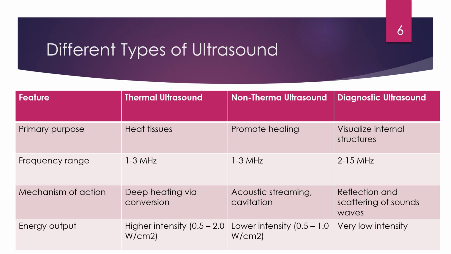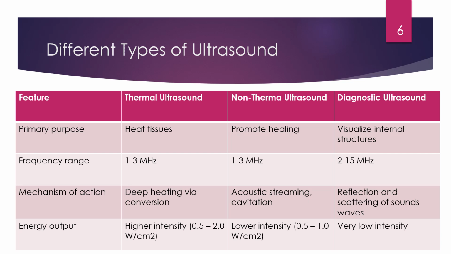So you can kind of just tell by the differences in the parameters how some of these different types of ultrasound differ. But I do want to attract your attention to the mechanism of action, the fourth column down. When we look at thermal ultrasound, we're using this thermal type to initiate deep heating, again via conversion of those sound waves into heat in the tissues.